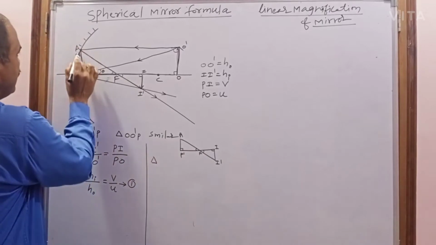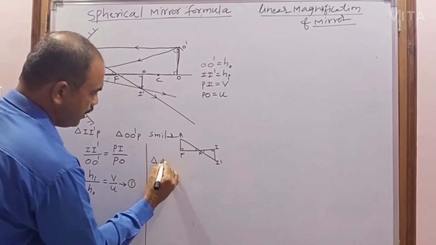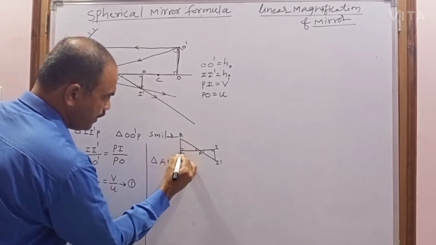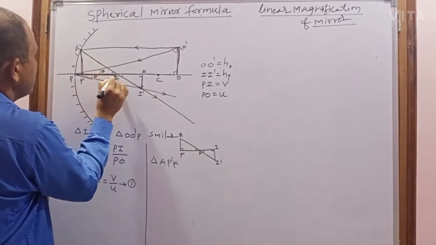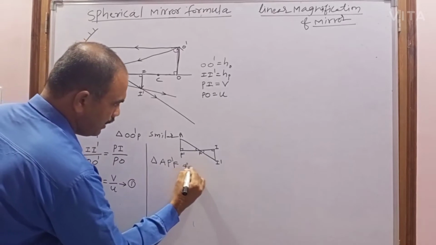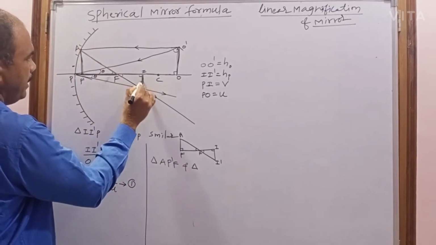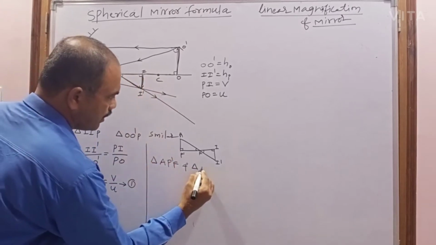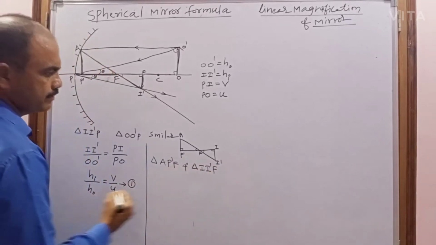Triangle A P dash F, this one, and the next triangle I dash F, are similar.